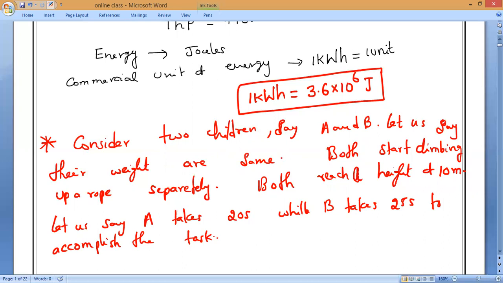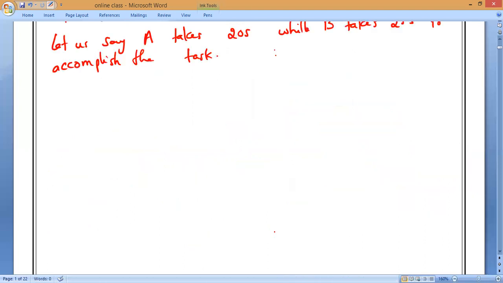The first question: what is the work done by each?